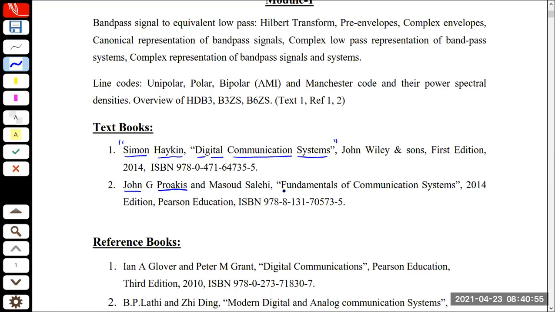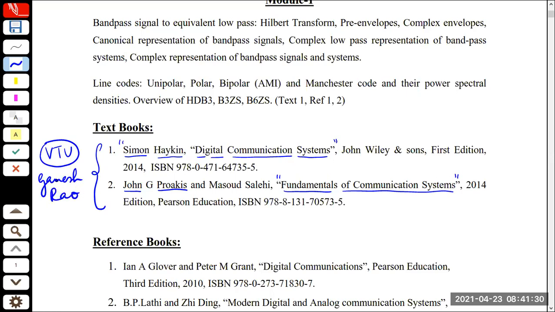The title of the textbook is Fundamentals of Communication Systems. I also have a soft copy of this textbook, and I'll be posting it soon, right after the class, in your Google Classroom. You're supposed to refer to these two textbooks, or if you're willing to go for VTU authors, you can go for Ganesh Rao's Digital Communication textbook.